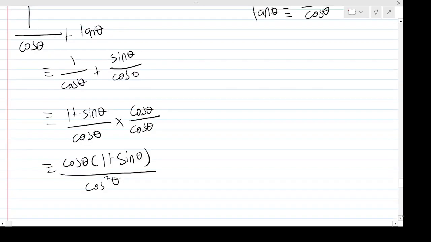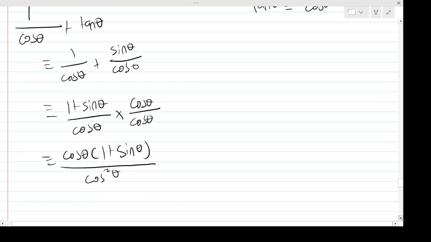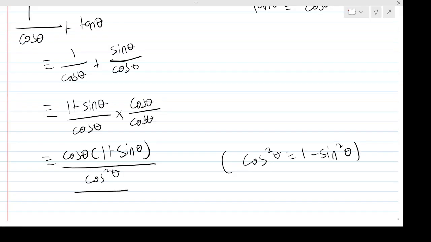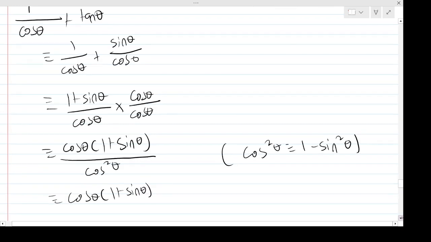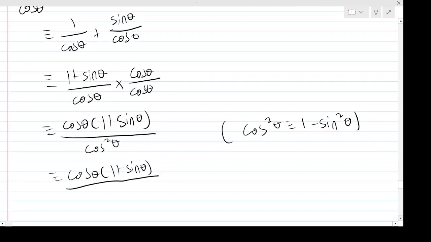To get a sine out of it. I want a sine out of the cos here, so that I can do that. I can substitute that identity in. So I'm going to say that cos squared theta is 1 minus sine squared theta. Then I'll substitute that into the denominator, to get cos theta, lots of 1 plus sine theta, all over 1 minus sine squared theta.